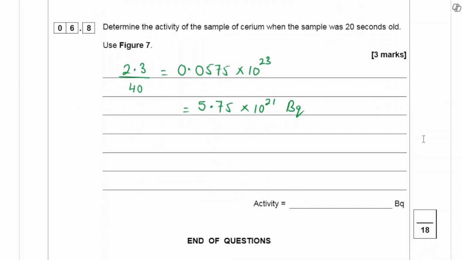Our answer is 5.75 times 10 to the power 21.